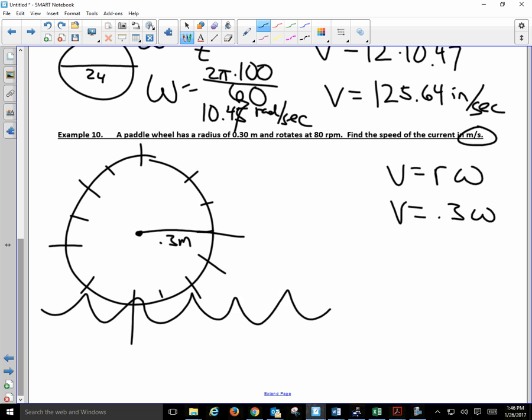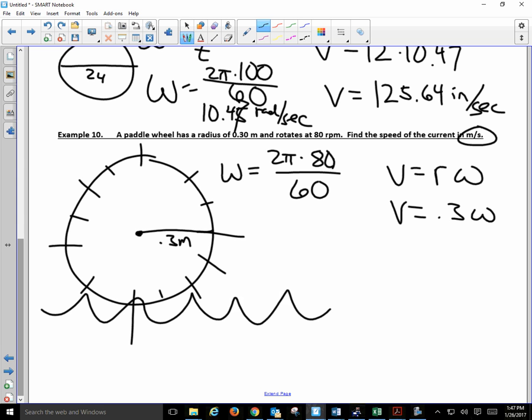How do we find omega? It's equal to theta divided by t. Theta is your angle. What is one rotation? 2 pi. How many rotations? 80. In how many seconds? In 60 seconds.